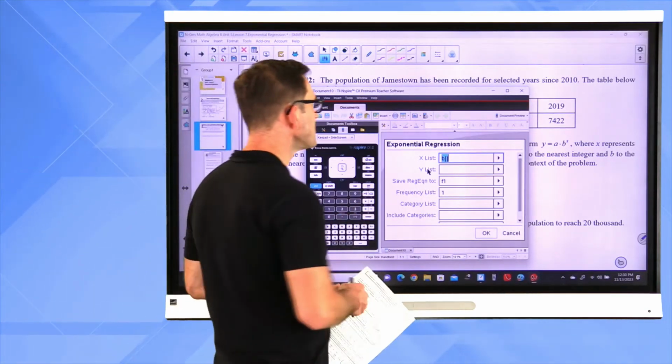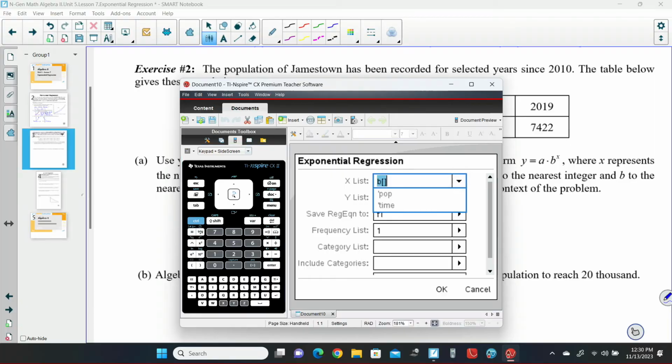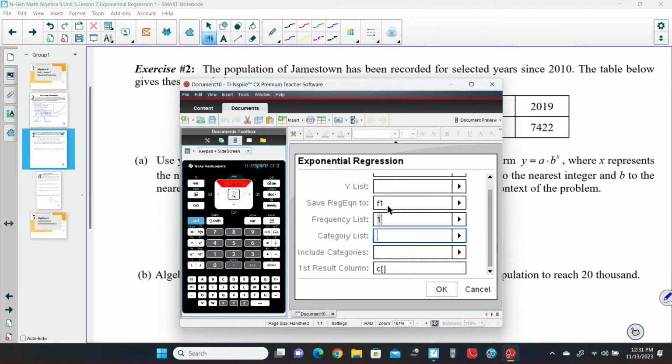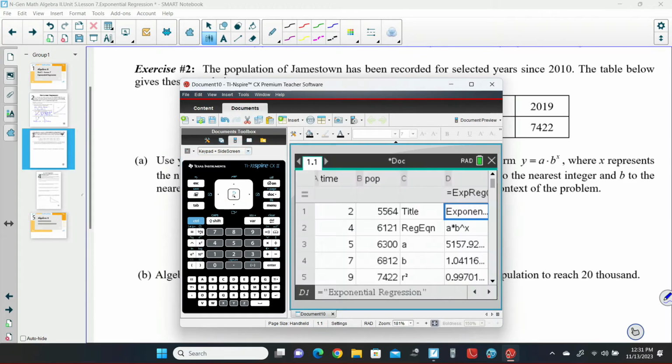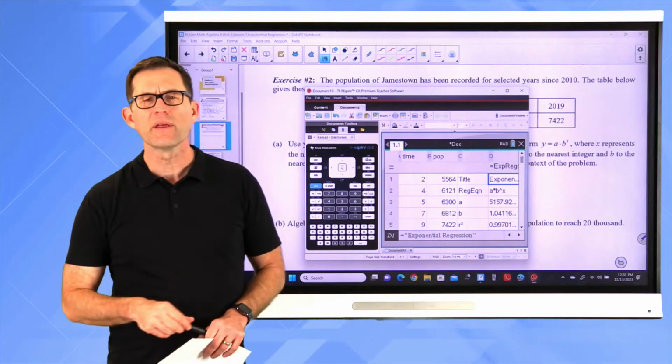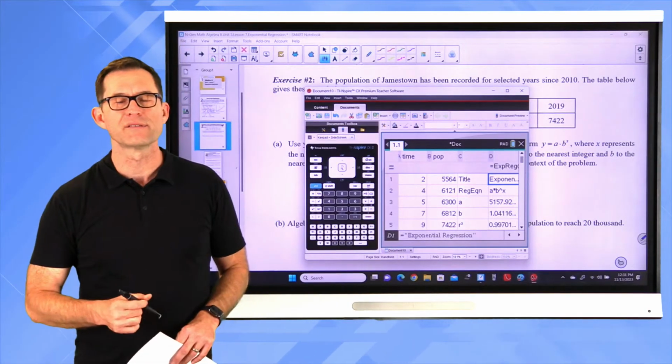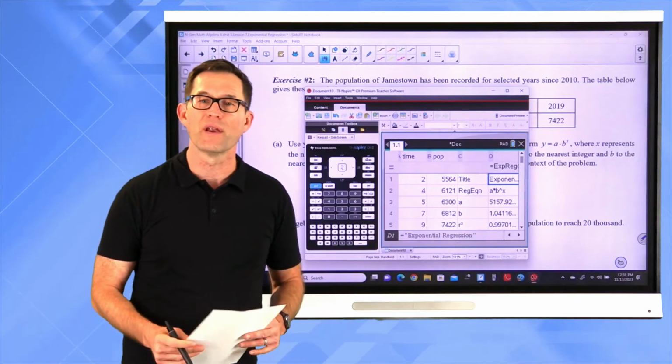In my X list, I need to give it my x values, and that's going to be time. My Y list is going to be population, and everything else I'm good with, I'm going to hit OK. All right, generally, once you get your x list and your y list in there, you don't really have to be concerned with anything else.